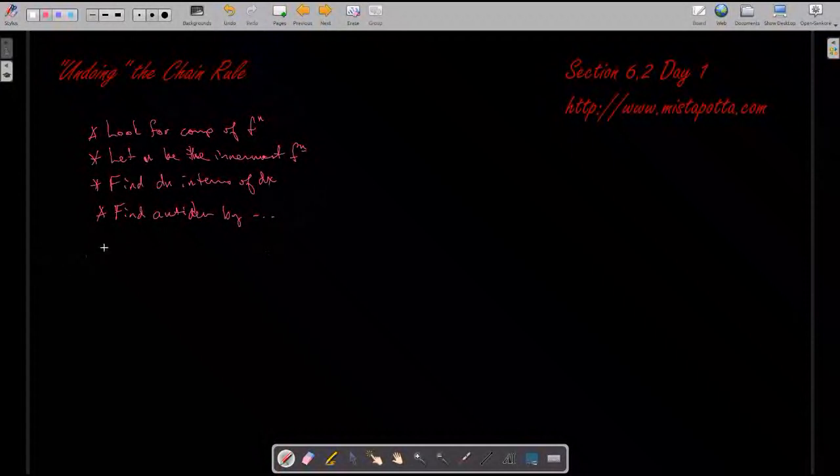But the last thing that I need to do is make sure that I rewrite in terms of my original independent variable. And for our purposes in this lecture, our independent variable is just going to be x.